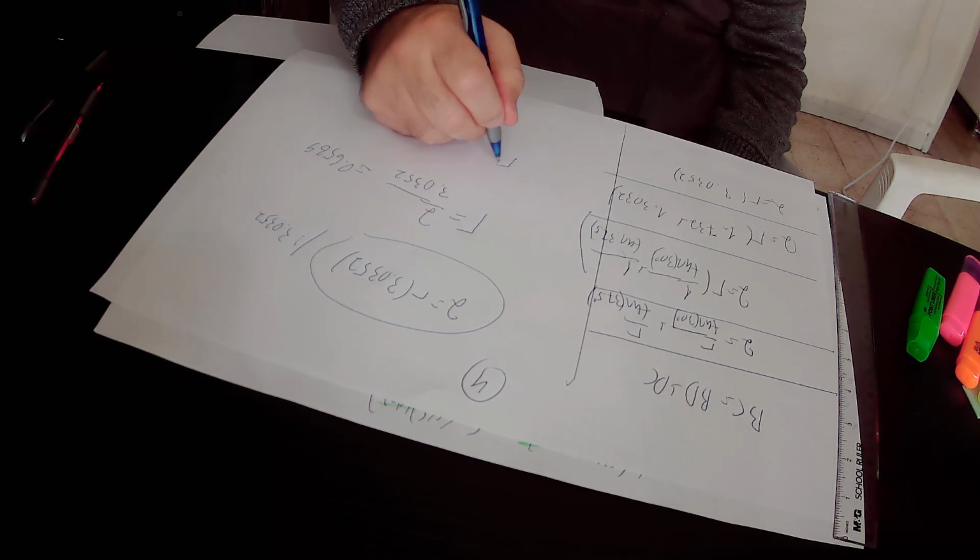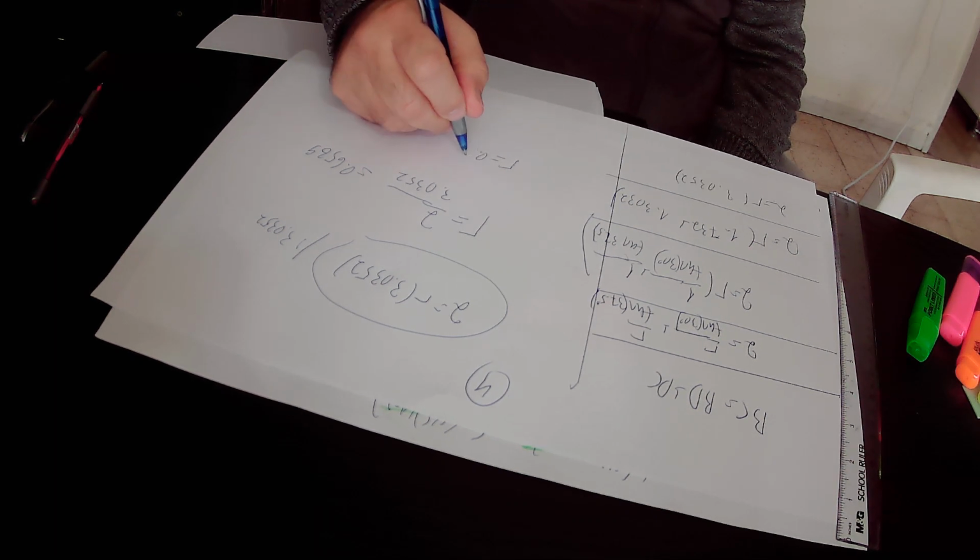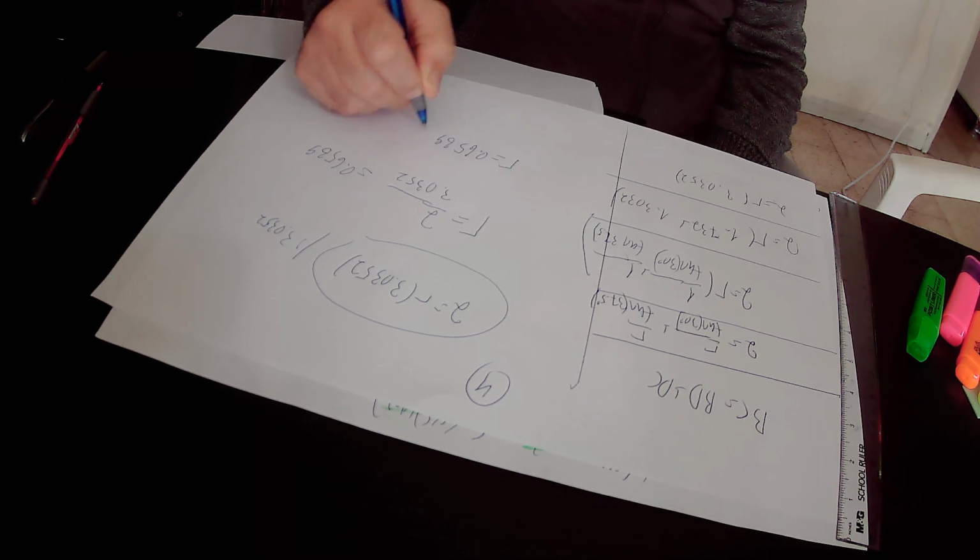So we actually found out that the radius of the circle that we are looking for, R, equals 0.6589 units.